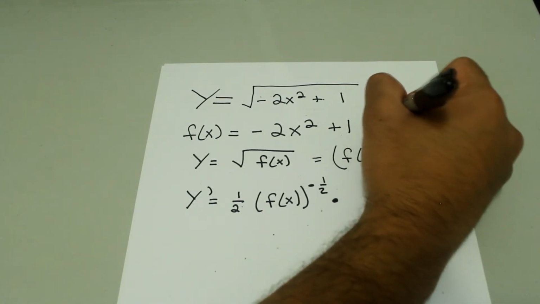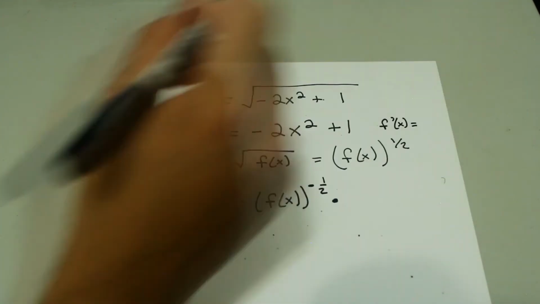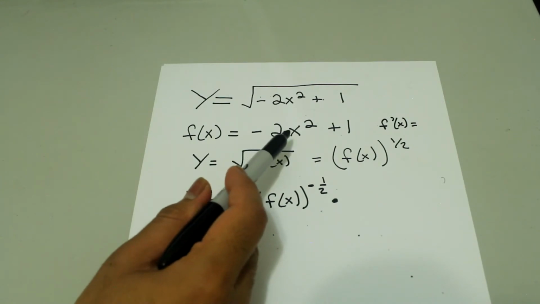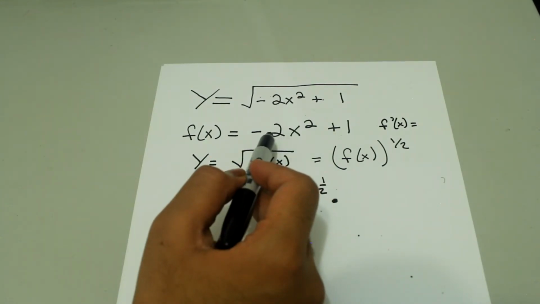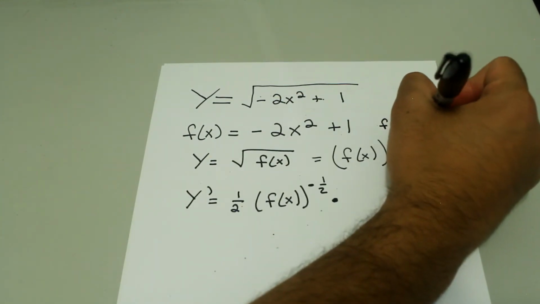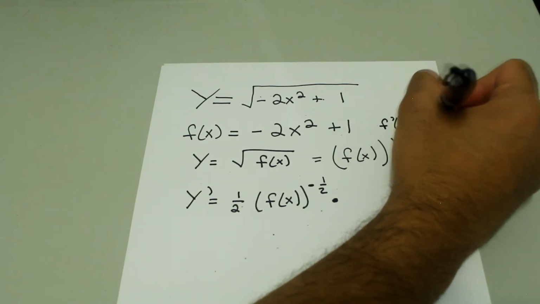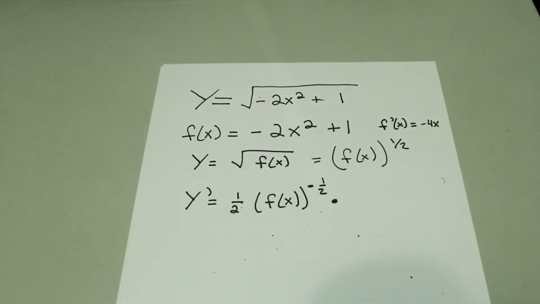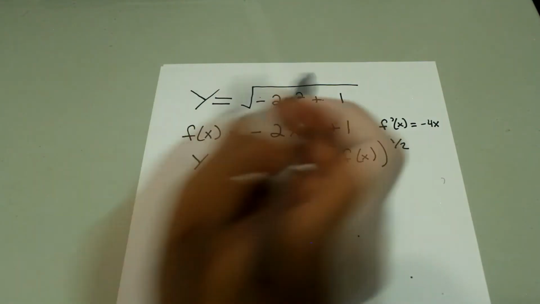f prime of x is just multiply the 2 with the negative 2, negative 4x, and the derivative of a constant is just 0, so we don't need to worry about that.